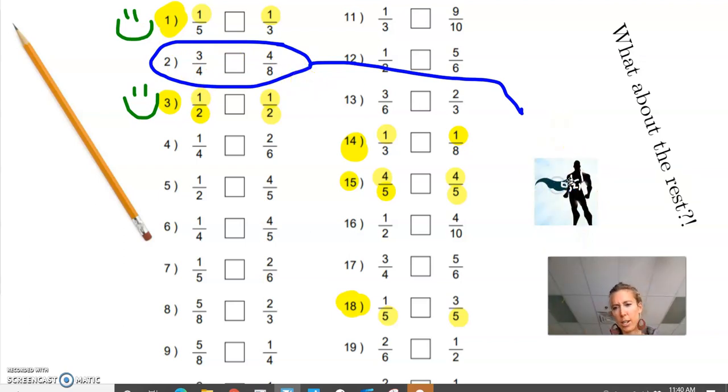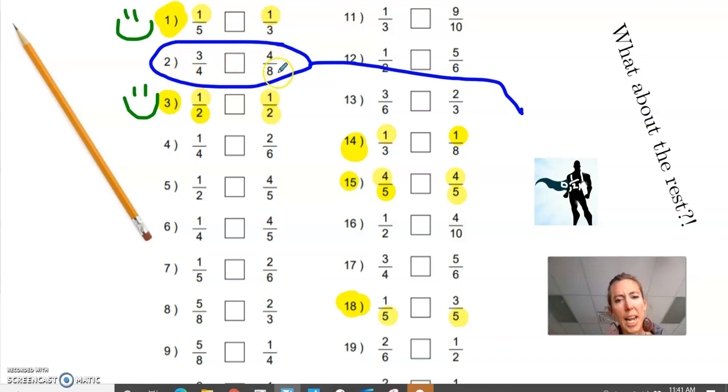Well, watch. Oh, who's going to come help us out? It's the superhero benchmarks of 0, half, and 1. And which one in particular? A half. Because look at 3/4. Well, I know 2/4 would be halfway. 3/4 would be more than a half.